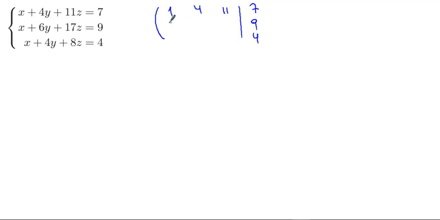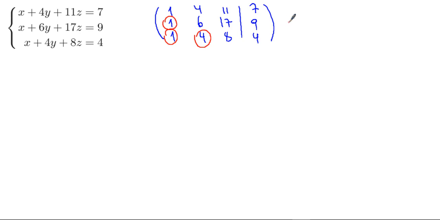Then we'll have 1, 6, 17, 1, 4, 8. As you can see, it's easy if they are all 1. My aim is to make these two 0 and also this one 0. So I just need to subtract the first row from the second and the third for the starter.